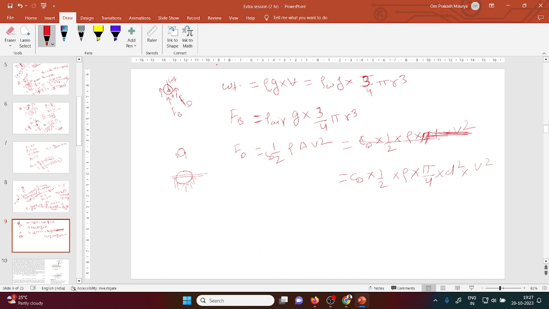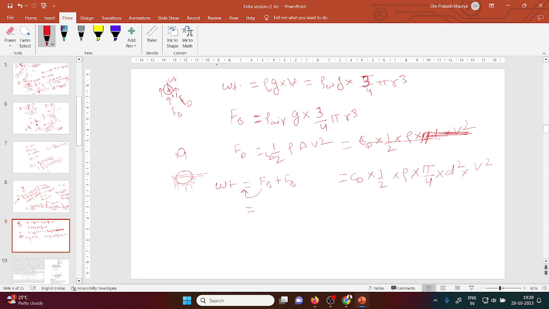Let me check, no problem. Now if we equate these things, what will happen? If we equate all the forces, your weight equals Fb plus Fd. I want to put Fb on this side.